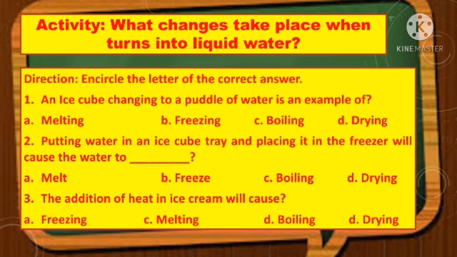Number 2, putting water in an ice cube tray and placing it in the freezer will cause the water to blank. Letter A, melt.